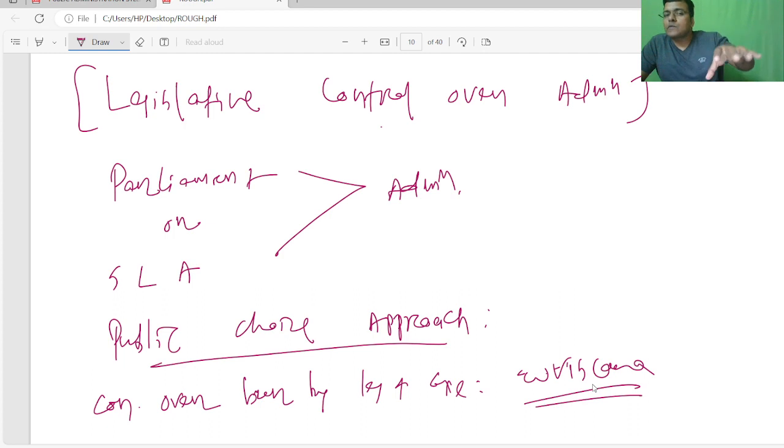And here we are discussing legislative control over administration. So just now, do you find a link? PCA, William Niskanen.